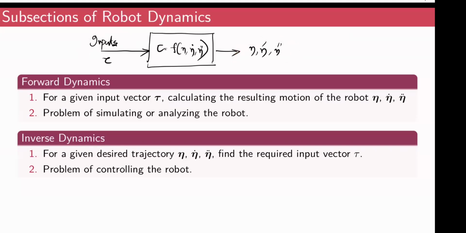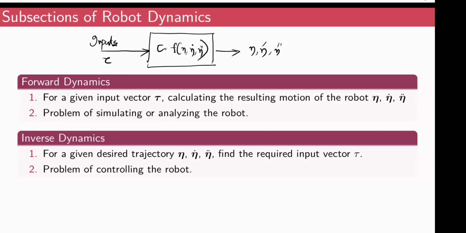For a given input vector tau, calculate the resulting motion of the robot characterized by eta dot and eta double dot. This is analogous to the problem of simulating or analyzing the robot in a mathematical sense, right?